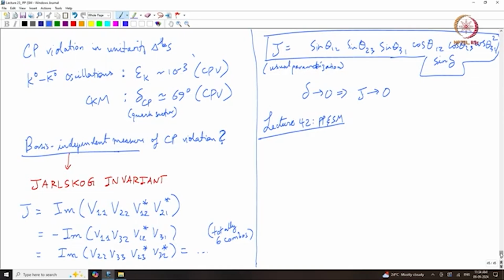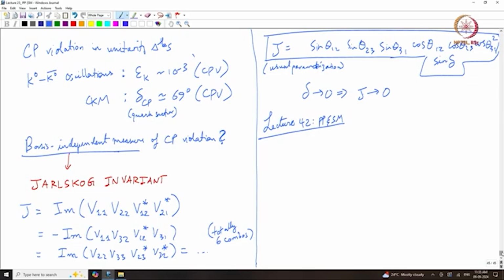Earlier we had seen you could write this as a CKM phase, as a delta CP, or in terms of this epsilon in K-Kbar oscillations and other meson oscillations, but all of these depend on some parameterization that you had to put in. So it would be nice to have a measure of CP violation in the weak sector that is independent of all this, so that we really see the amount of CP violation in nature.